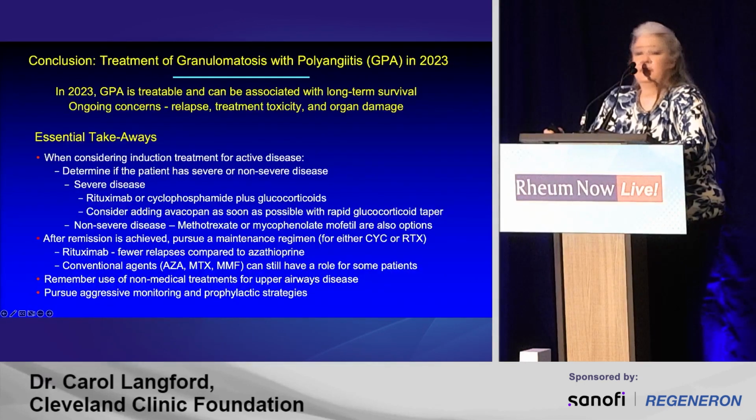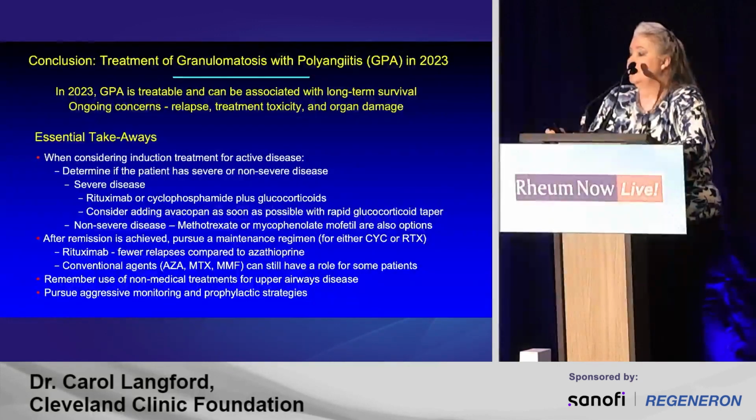So in conclusion, in 2023, GPA is a treatable disease and associated with long-term survival, but there remain ongoing concerns with relapse, treatment toxicity, and organ damage, therefore the need for ongoing research. Essential takeaways when considering induction treatment for active disease: you want to first determine if this is someone who has severe or non-severe disease.